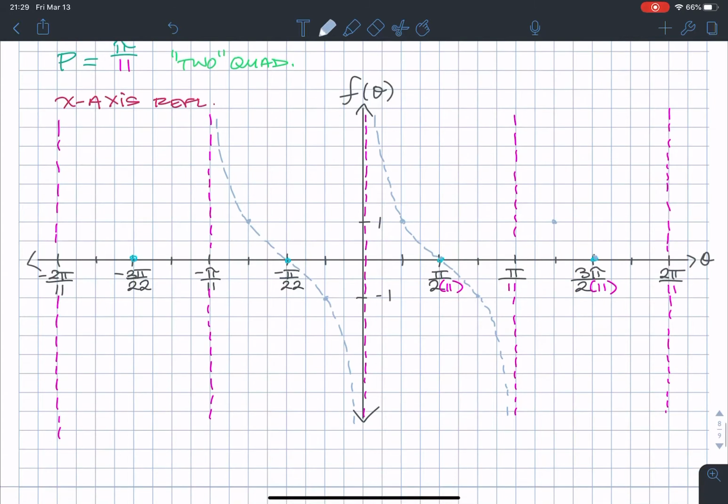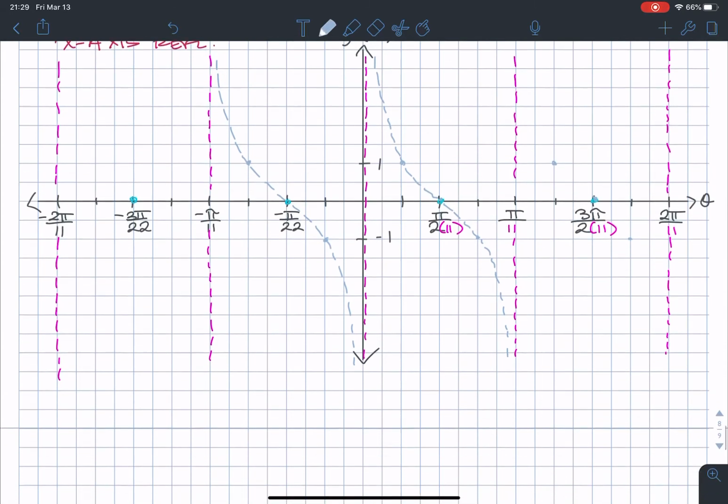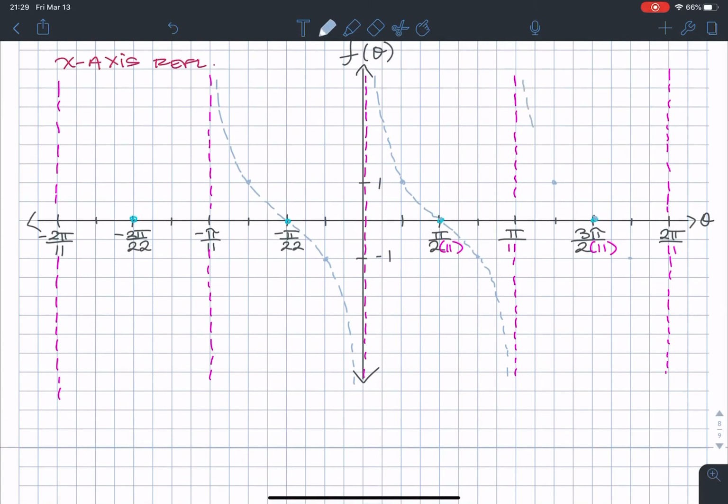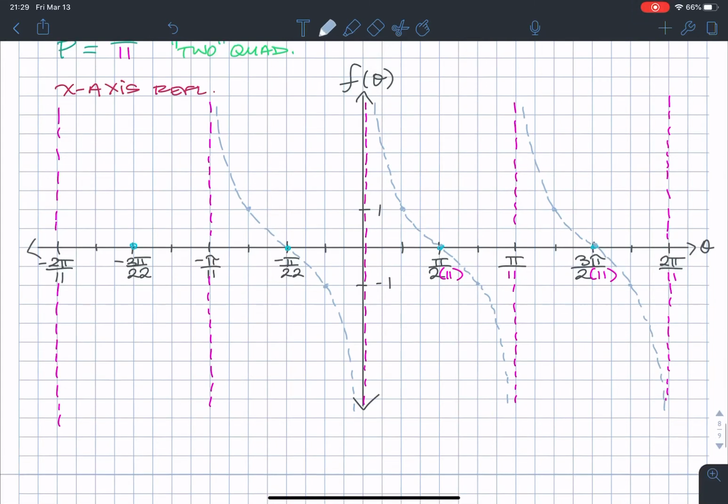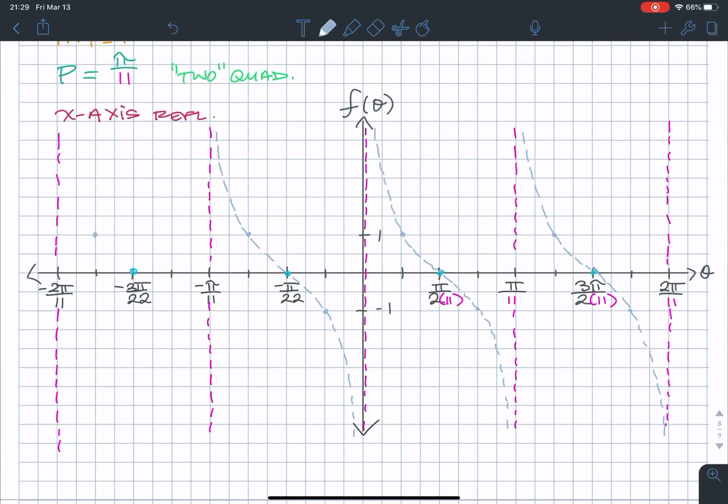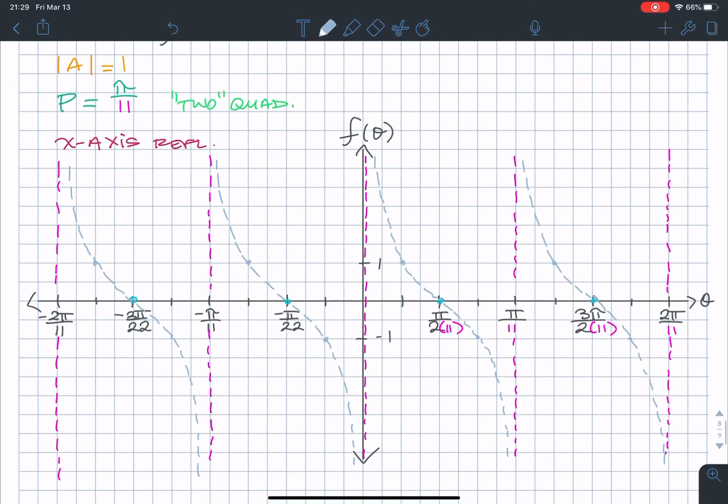However, for this graph, since it's reflected about the x-axis, let's see what happens. Okay, so what was once -1 is now +1 and vice versa in each period.